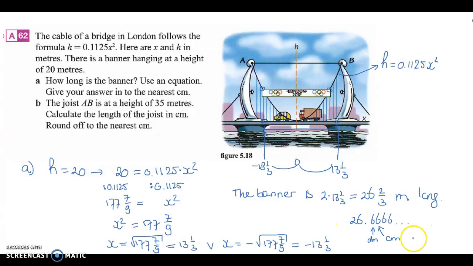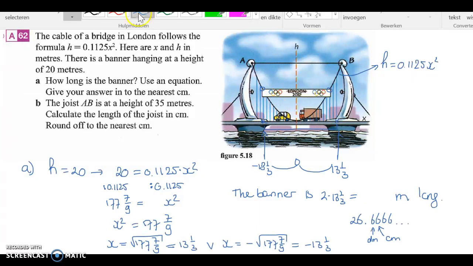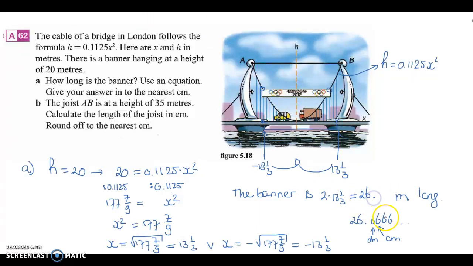So that means that the banner is 26.67 meters long. It is given to the nearest centimeter, because here the 7 refers to the centimeters.